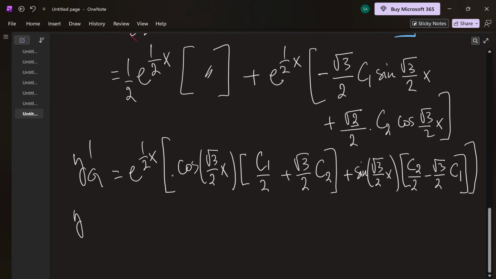So this is the derivative of the second of the general solution.